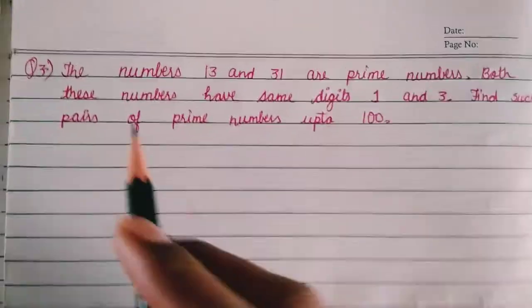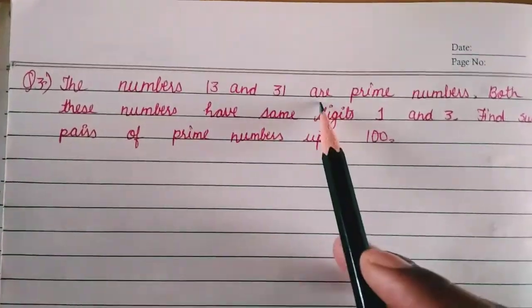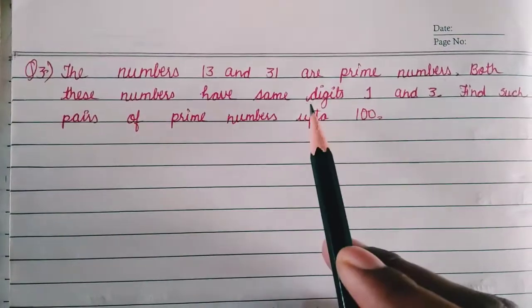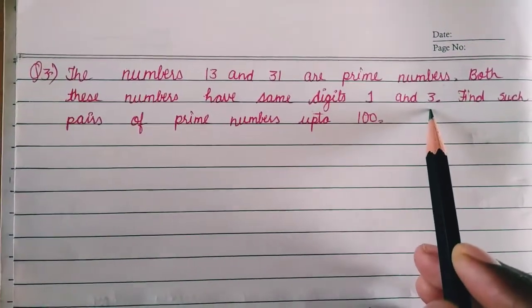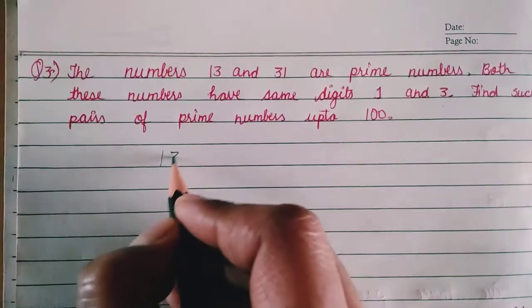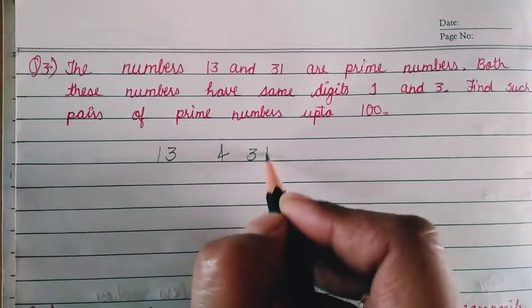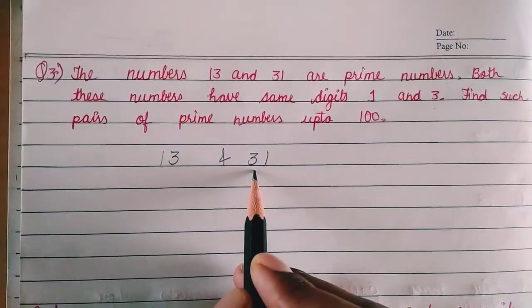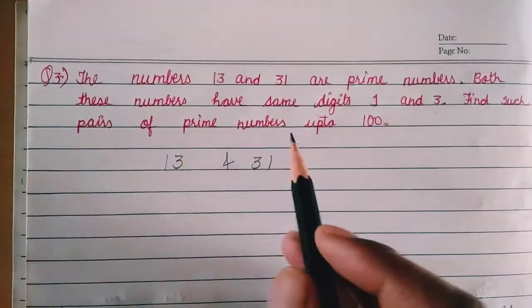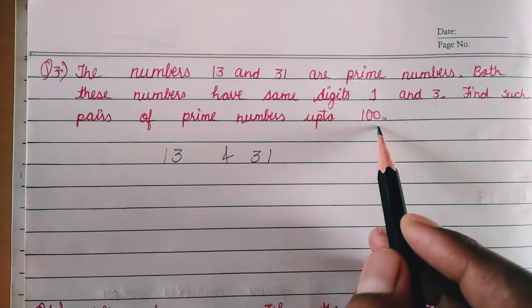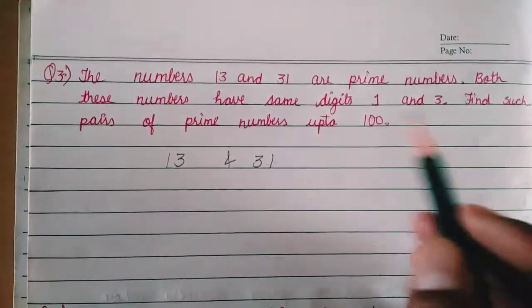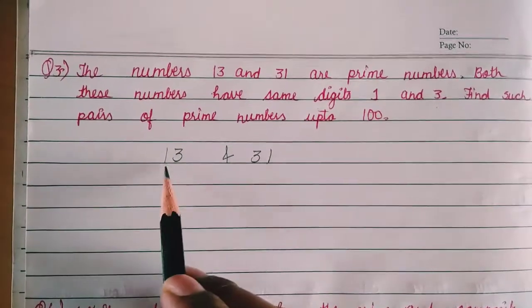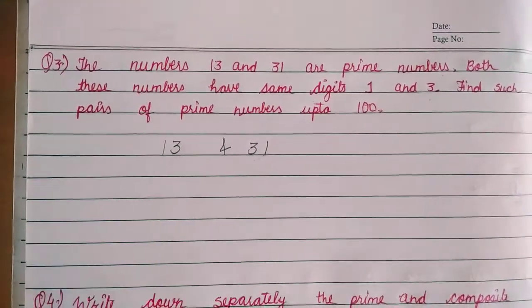Question number 3: the numbers 13 and 31 are prime numbers. Both these numbers have the same digits, 1 and 3. Find such pairs of prime numbers up to 100. Up to 100 we have to find pairs containing the same digits, like this one containing 3 and 1.